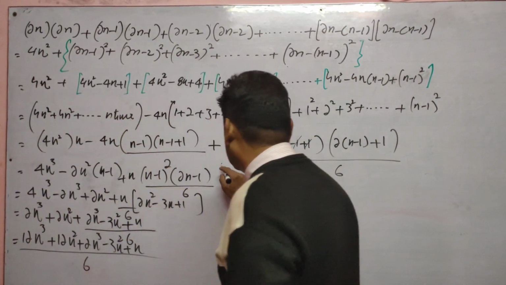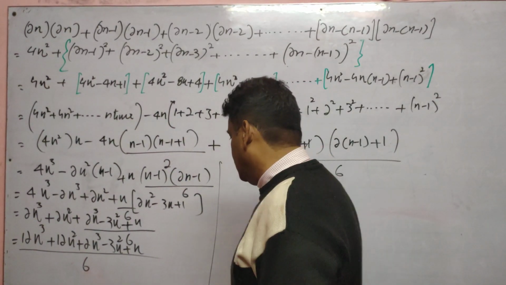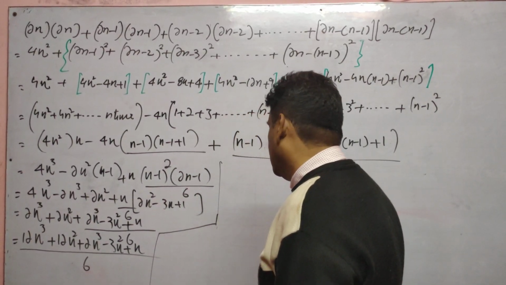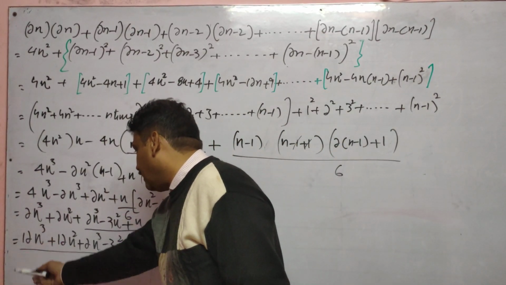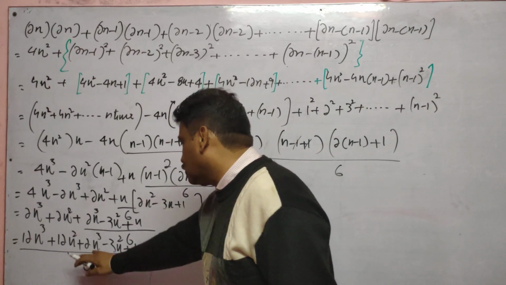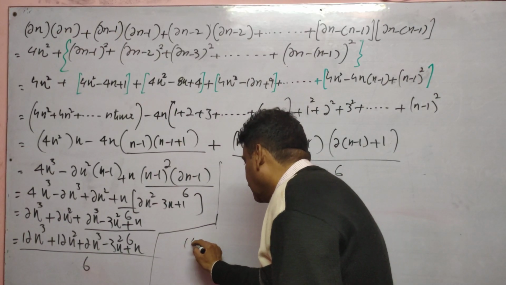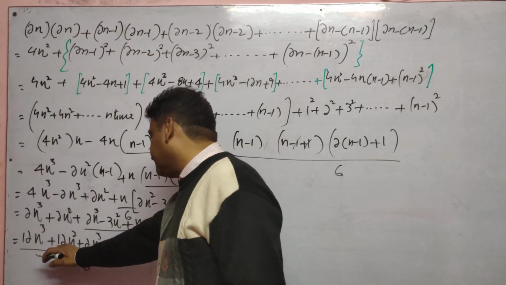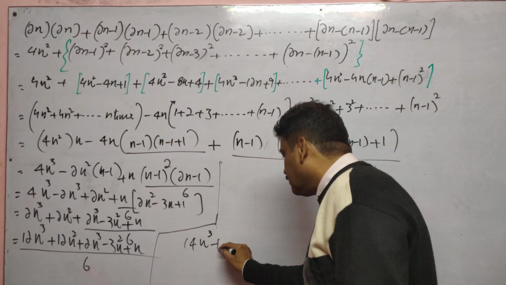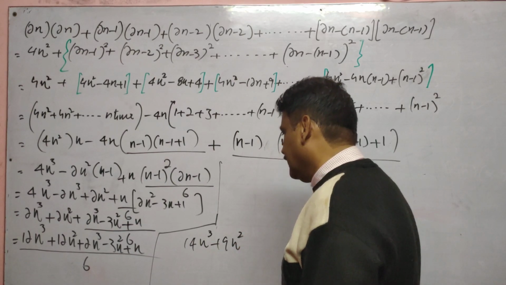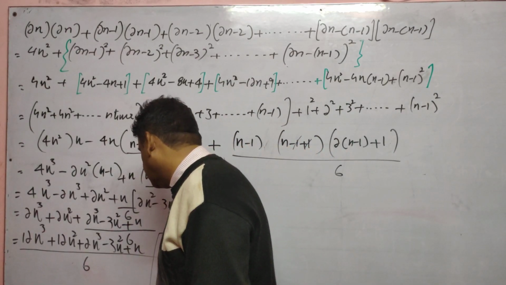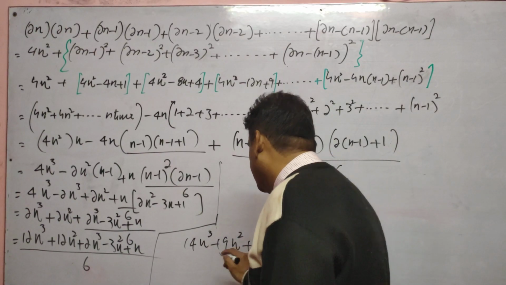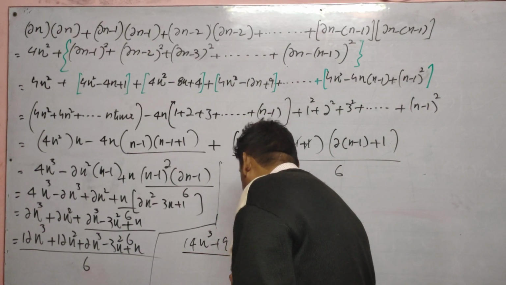And we will write 12n cubed plus 2n cubed makes 14n cubed. 12n squared minus 3n squared makes 9n squared, and just plus n, divided by 6.